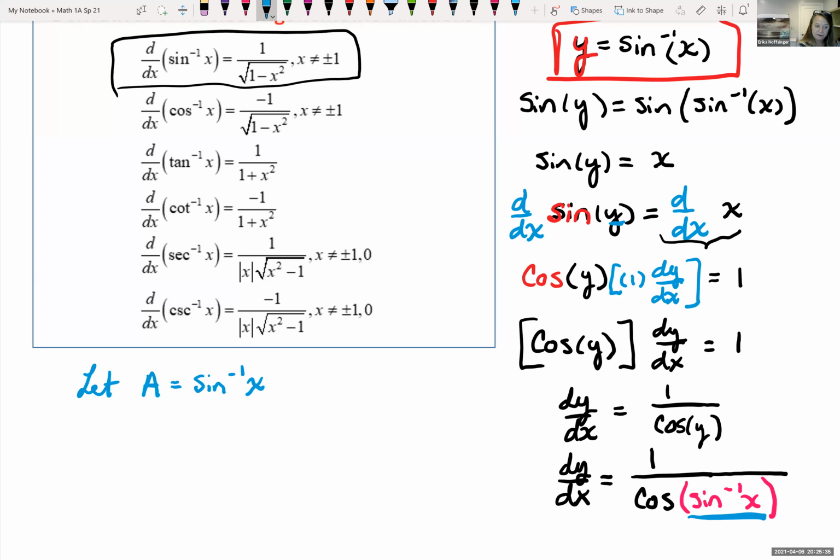We're going to use kind of the same fact that we did up here, where we took the sine of both sides. So let's take the sine of both sides of our equation. We have sine of A is equal to the sine of sine inverse of x. So we know sine of A, composition of a function and its inverse, they cancel each other out, giving us back x.